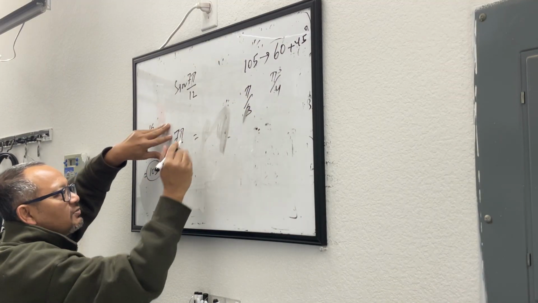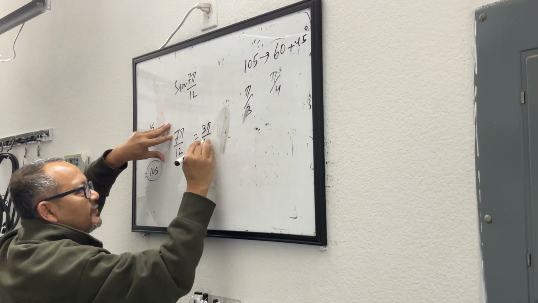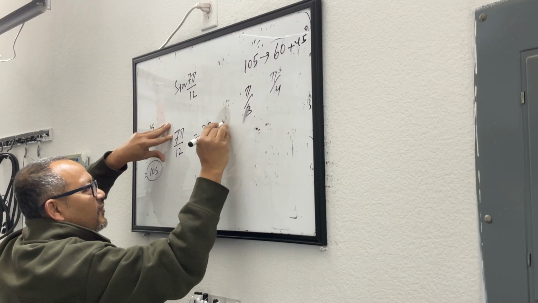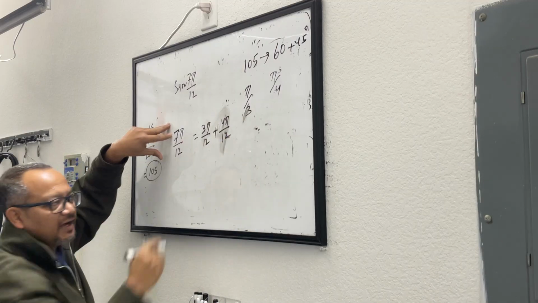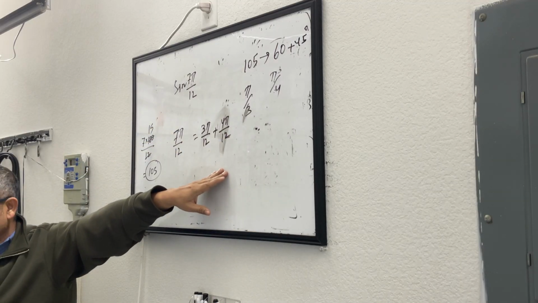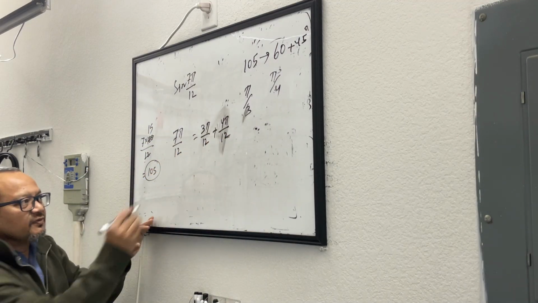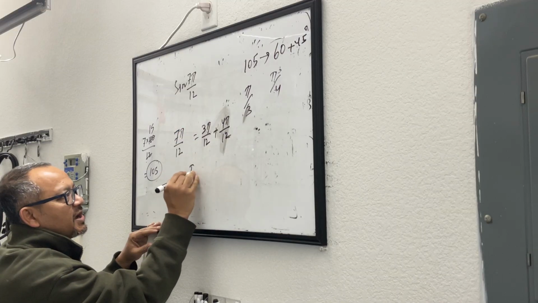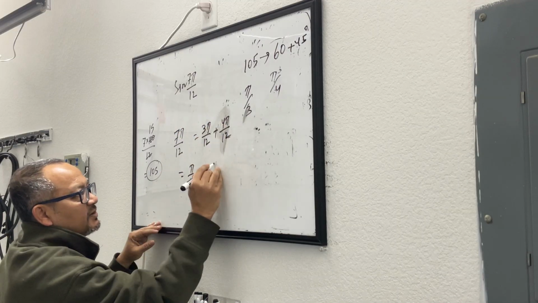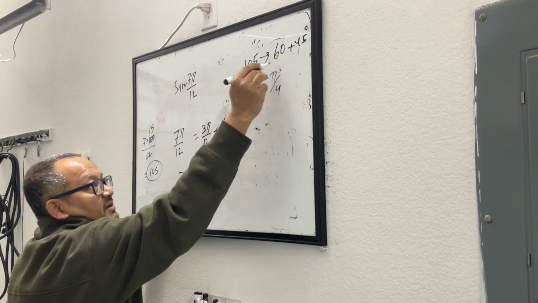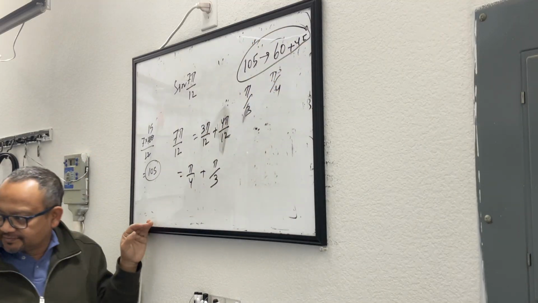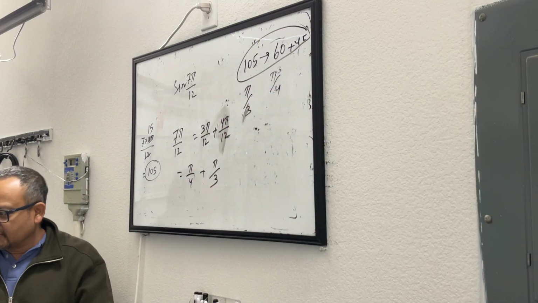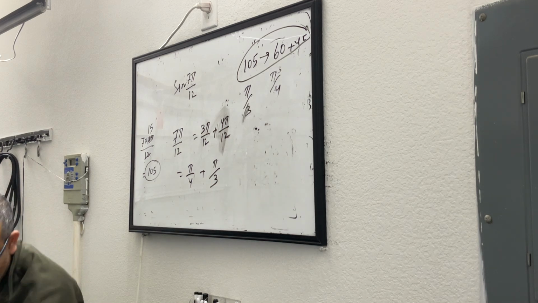Or 7 pi over 12 could be 3 pi over 12 plus 4 pi over 12, and that suits us. This 3 pi over 12 becomes pi over 4 and this becomes pi over 3. That is exactly what we need, and then everything is straight. Okay, let's move on.